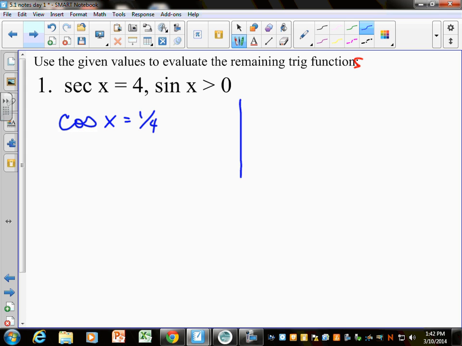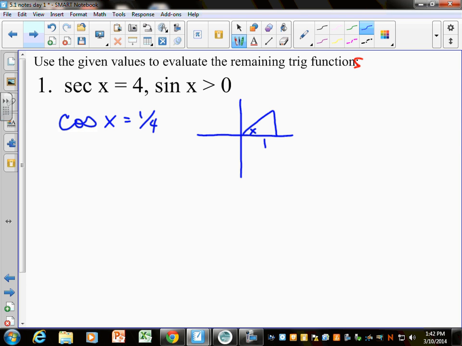Quadrant 1. If they're not both positive, figure out what quadrant you're in, because you might have a negative side of your triangle. But since these are both positive, I could draw a little triangle here. Since they're calling this x, I'm going to call it x instead of theta. And I'm just going to label my triangle.